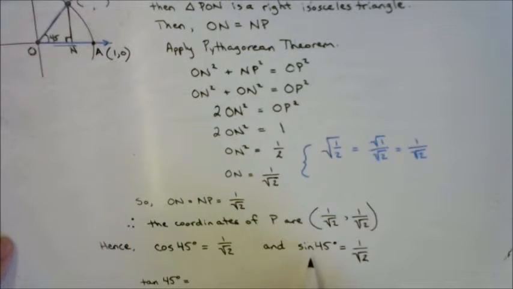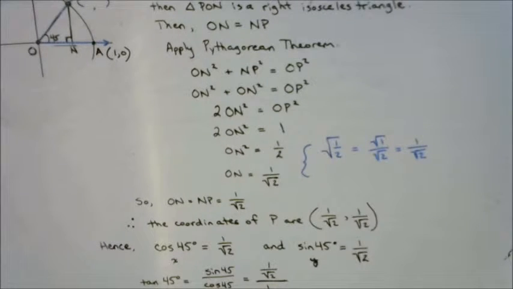So same thing here. Since sine represents the y coordinate, and cos represents the x coordinate, and we have rise over run with tangent, then we have y over x, which is the sine of 45 over the cosine of 45, which we know is 1 over radical 2 over 1 over radical 2.